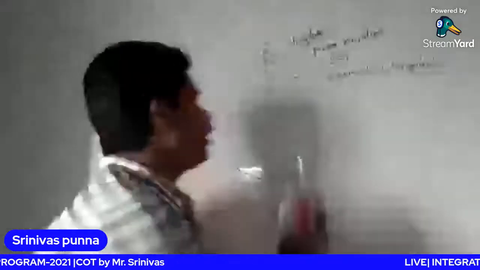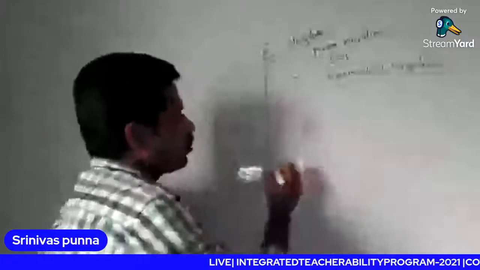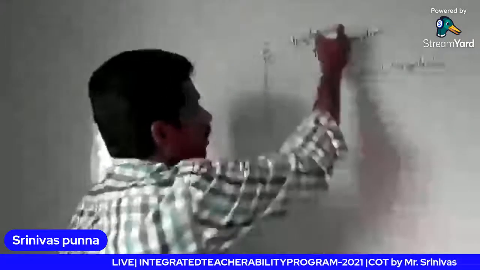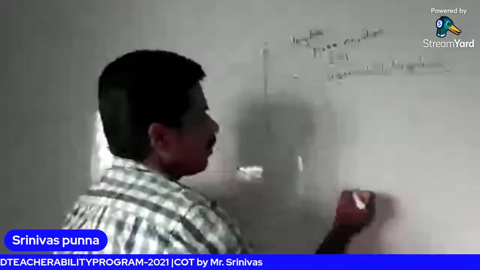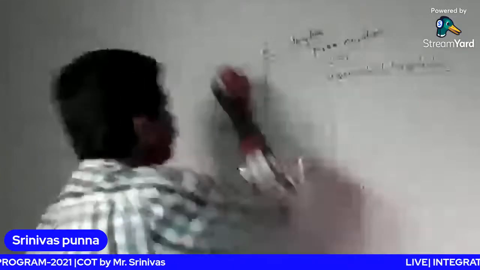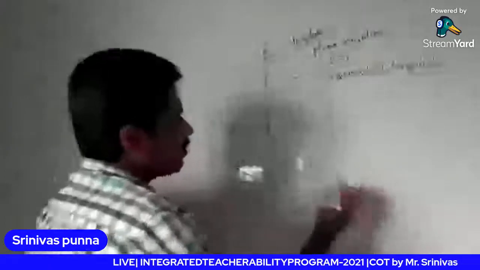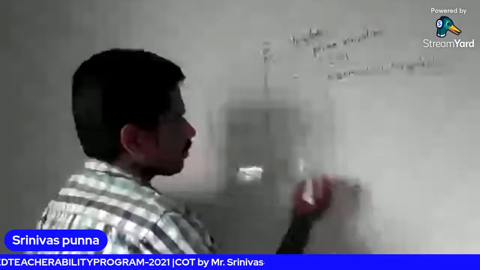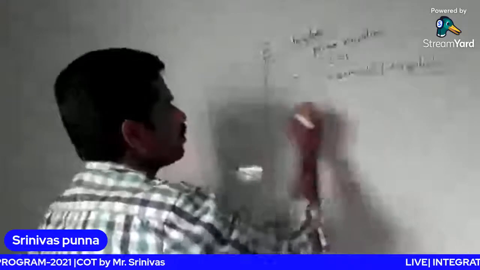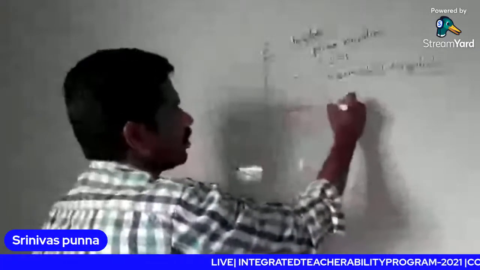So this is the east part, this is the west part. In this east part, the last longitude is 180 degrees east. The last one in the west is called 180 degrees west. But here the east and west join together, so we have 180 east and west. This hemisphere is called the eastern hemisphere.